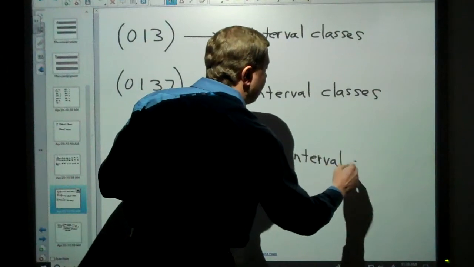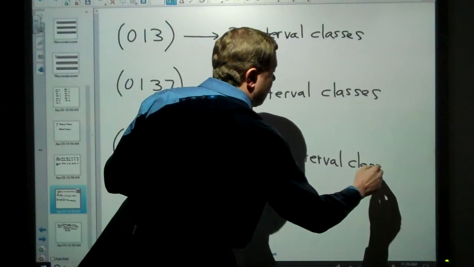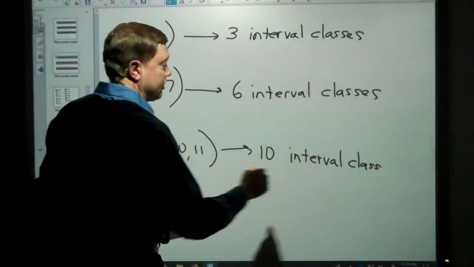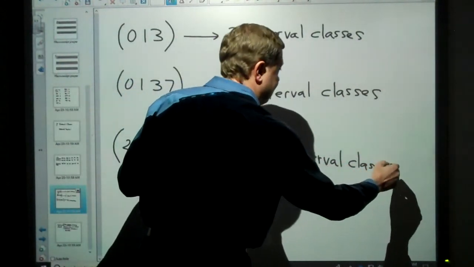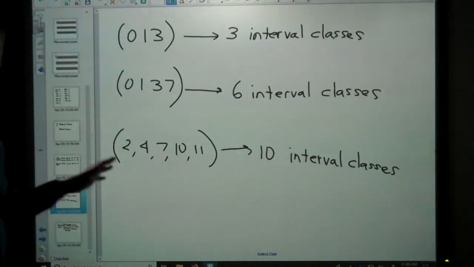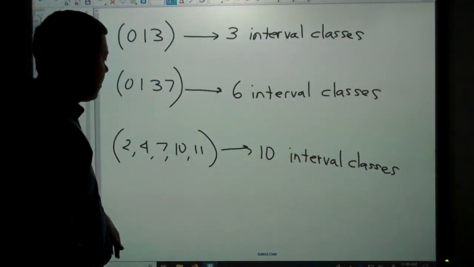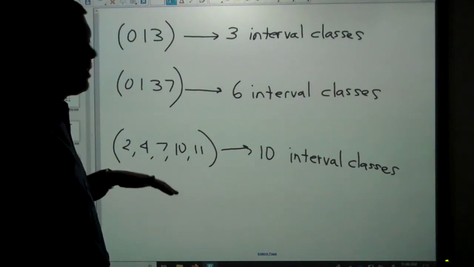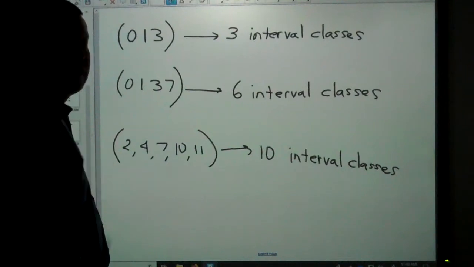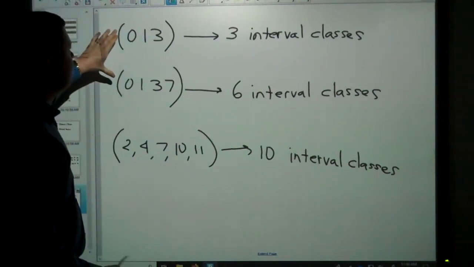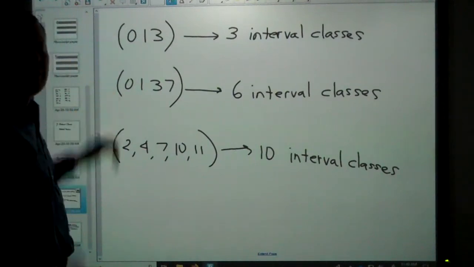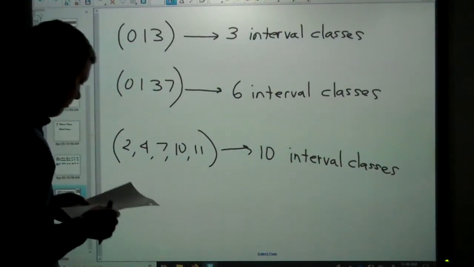There will be 10 intervals, again, between any combination or pair of integers in this pitch class set. So, 10 interval classes. And I think that's as far as we need to go. We don't need to know how many interval classes you could get in a set that contains 6 members or 7, etc. We're mostly going to be dealing with pitch class sets that have 3 members or 4 members. All right.